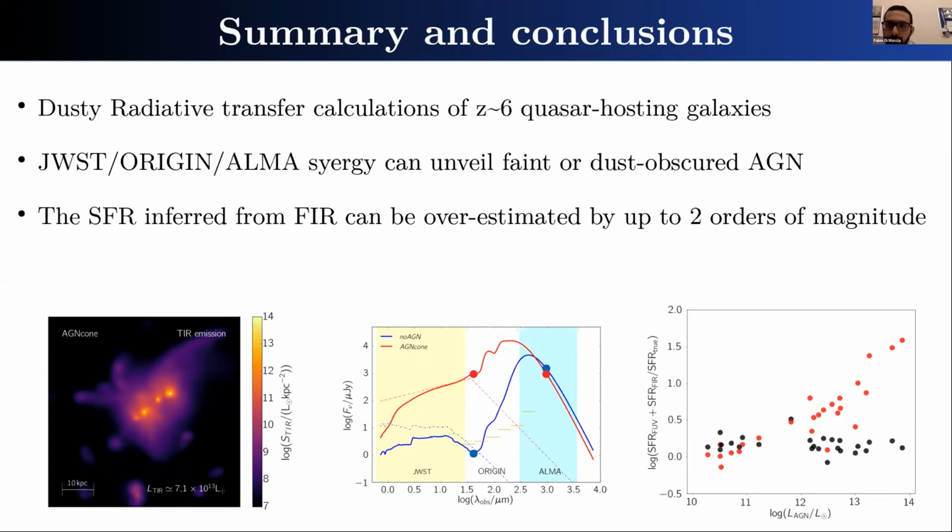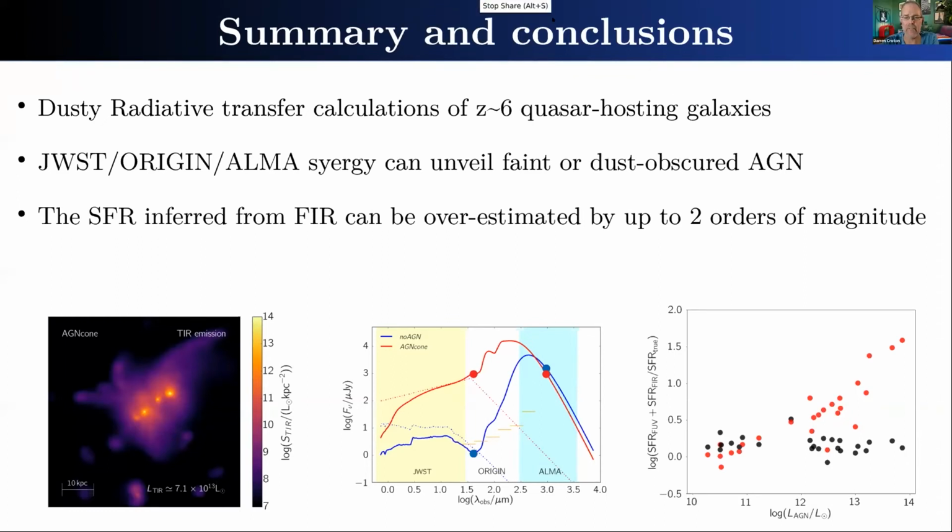Yeah, X-ray can be very, very helpful, also to confirm AGN that we find in the UV or from the mid-infrared to far-infrared ratio. But I don't have a prediction for that right now.